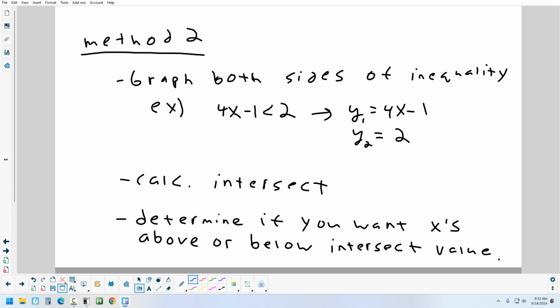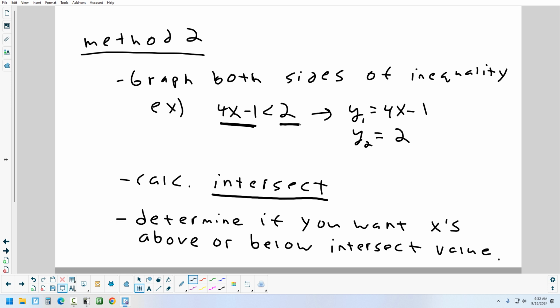This time, we're not going to calculate a root, because it's not going to have 0 on one side. We're going to calculate where these things cross. Once we calculate where they cross, then we know where they're equal. Then it's just a matter of looking at the original problem and figuring out, do you want to know where this graph was above that graph? Or do you want to know where that graph is below that graph?